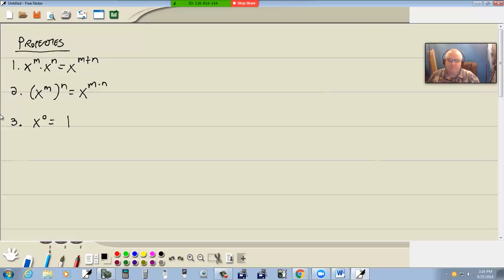Now there's negative exponents, and let me show you officially what the property says. We got x to the negative m, that's going to equal 1 over x to the positive m. But let's just talk generally, how do we handle a negative exponent?